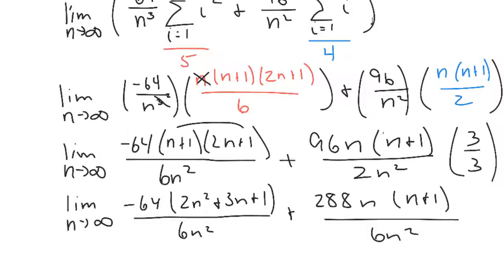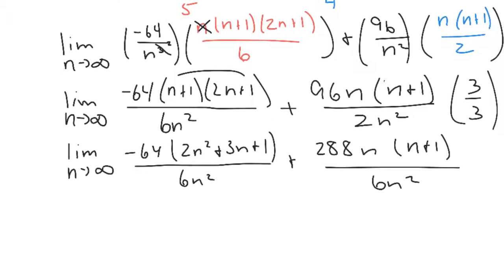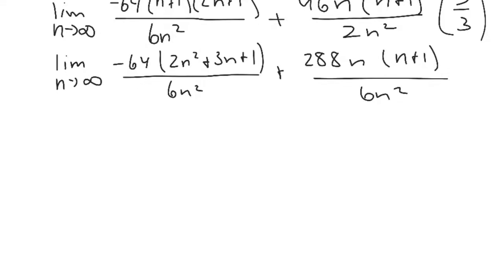Now I can simplify yet again. I'm going to do that by distributing the negative 64.